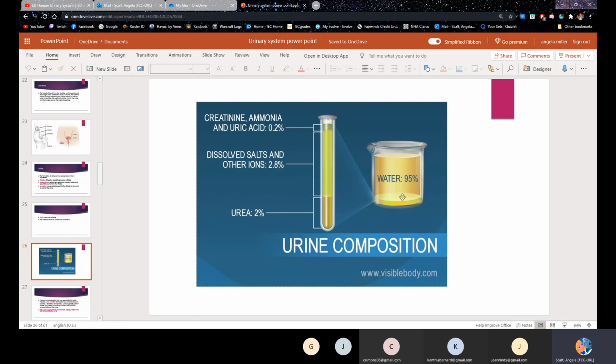95% of urine is water, and then there are these other parts. I've got an entire lecture that I'm going to teach y'all about urinalysis, because besides getting the vital signs, blood pressure, pulse, respirations, temperature, one of the other things, and I've told y'all this before, that you're going to do so often in the laboratory is a urinalysis.